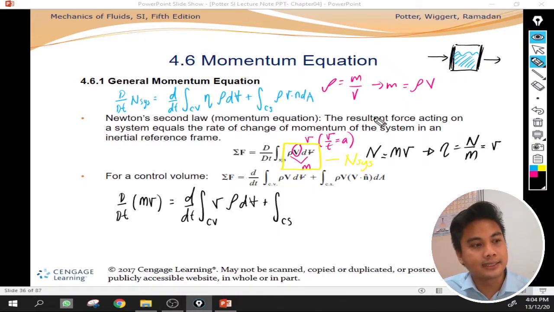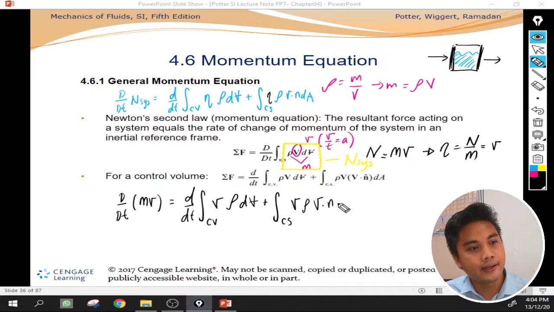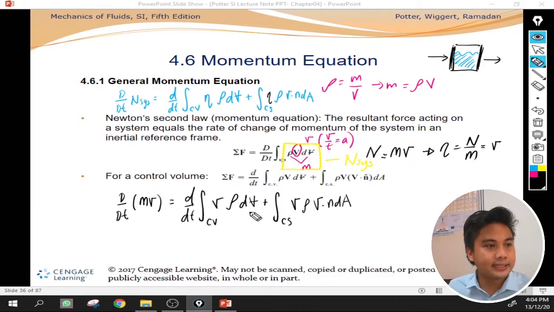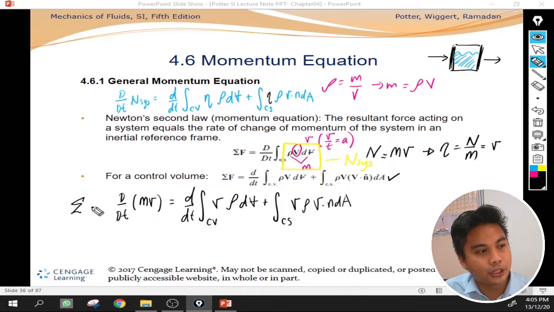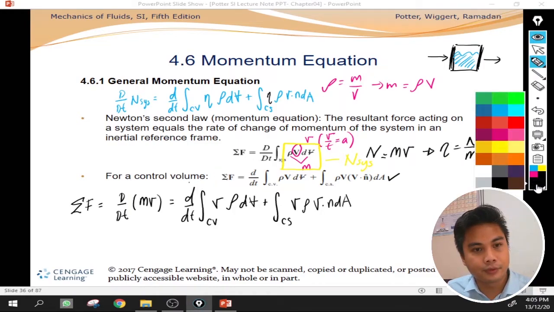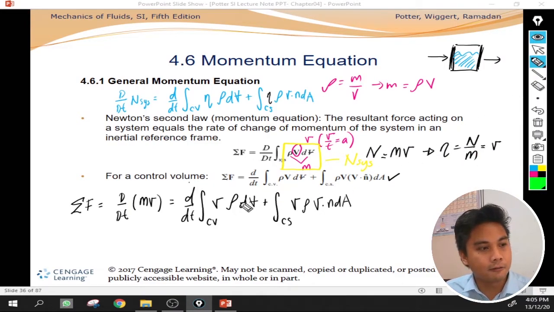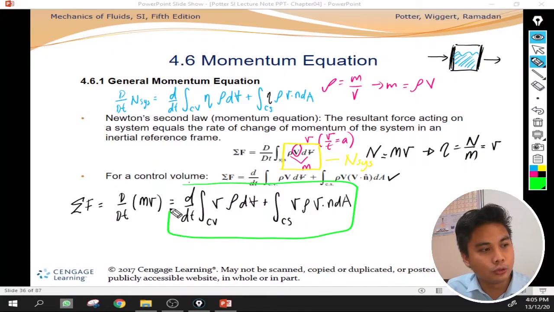We call it a flux, and this refers to the intensive property, which is V rho V dot n dA. So you can see that my equation here is basically the same as this equation. This is actually the summation of force. We use this form to express in terms of control volume and control surface.